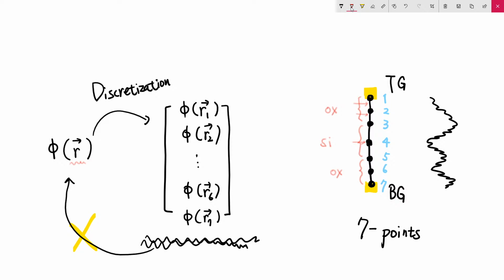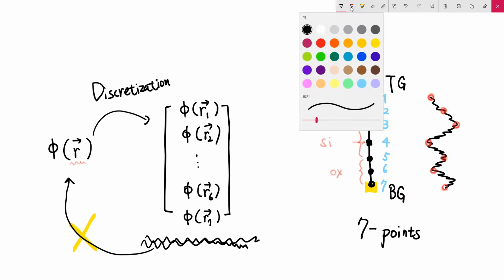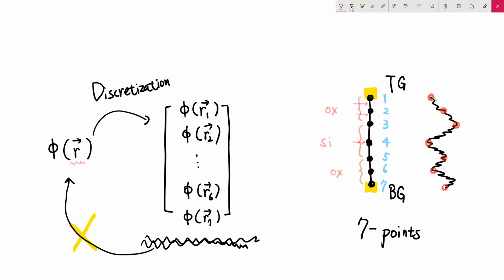Then if we adopt this discretization scheme, we just select this quantity, and that quantity, and that quantity, and that quantity. And now you say that with some information for these 7 points, I will reconstruct our solution like this. It changes in this way.